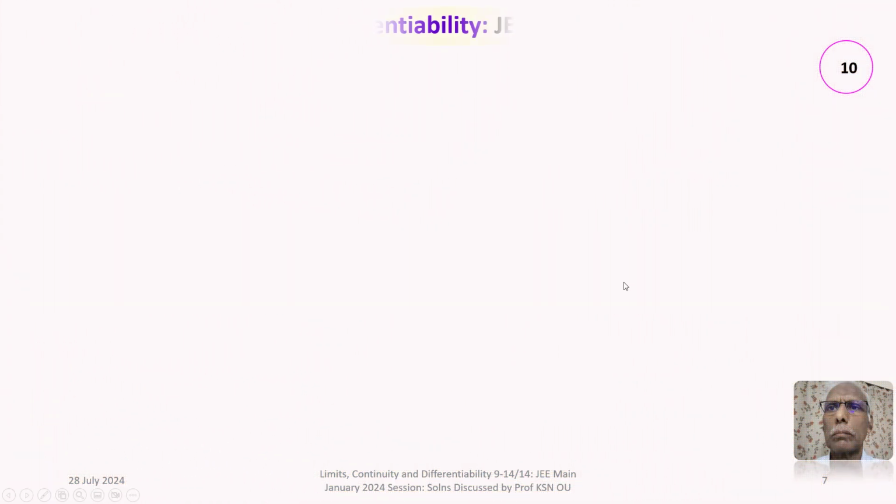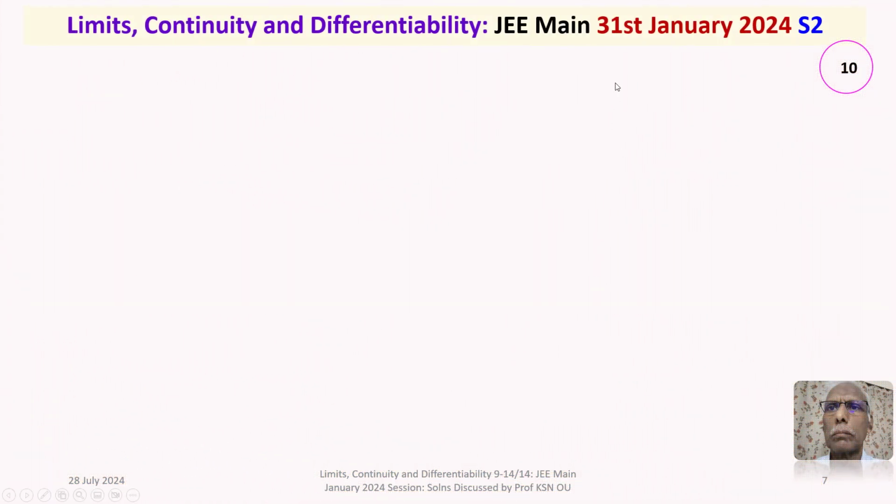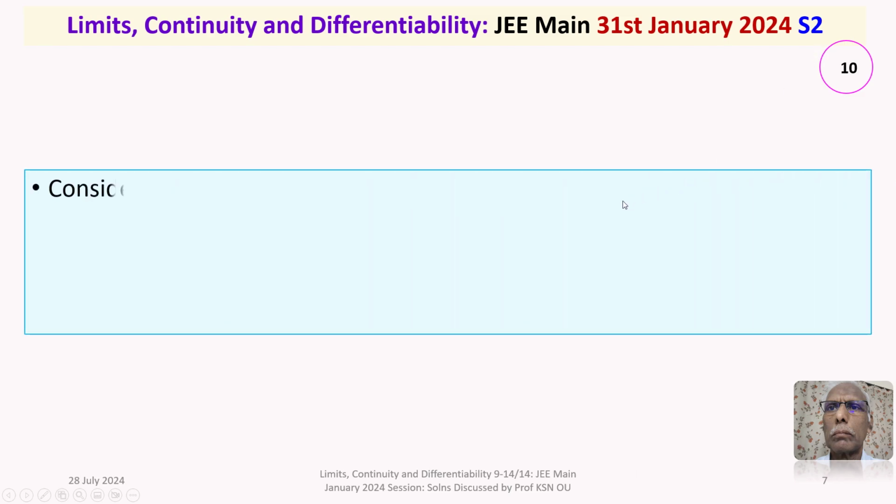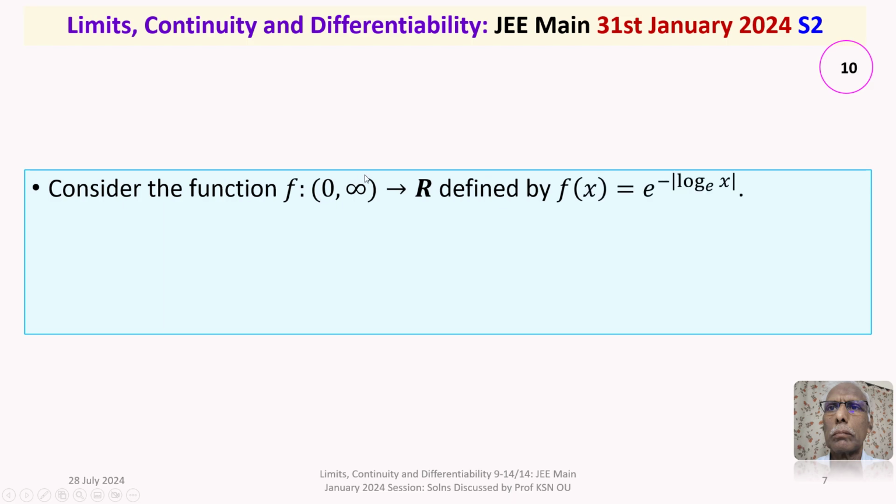This problem has appeared in the JEE Main exam held on 31st January 2024 in the second shift. The given question is, consider the function f from the open interval 0, infinity to R, the set of real numbers, defined by f of x is equal to e power minus modulus of log x to the base e.